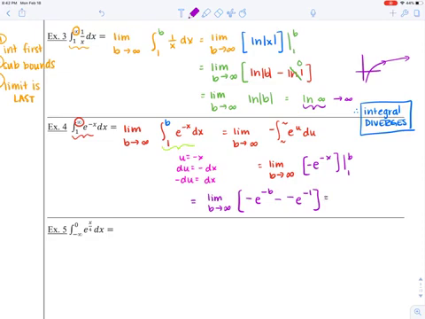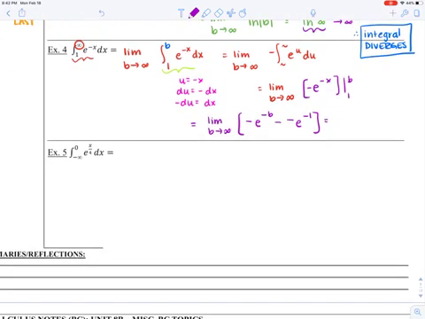Now clean this up before you go trying to do anything else with this. I have the limit as b approaches infinity of negative 1 over e to the positive b, because a negative exponent means it goes to the bottom, plus 1 over e.